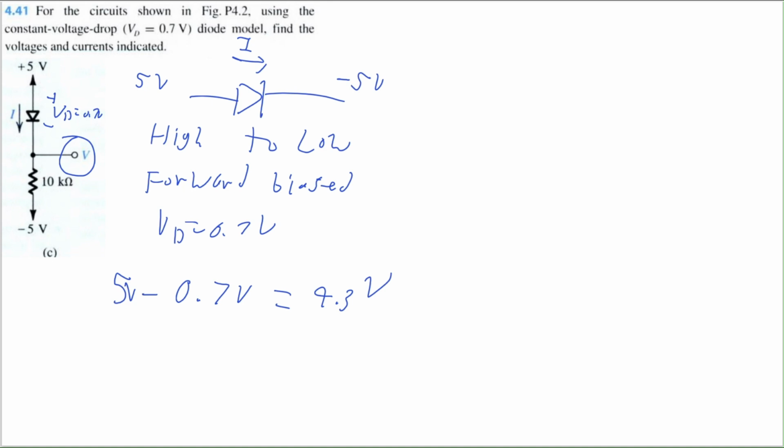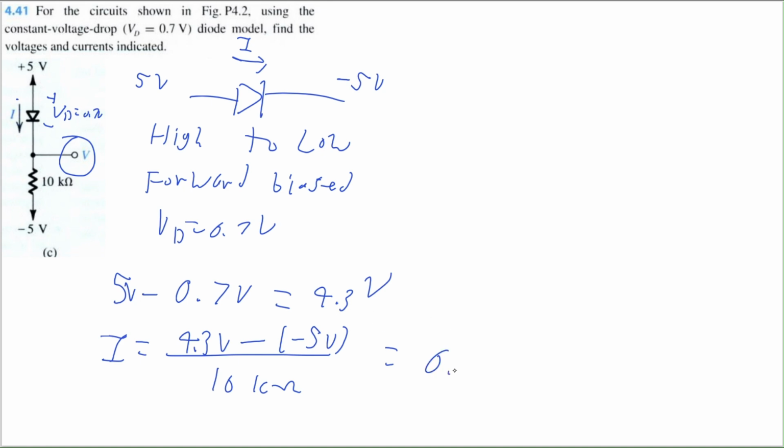Now, what about the current? Well, it's the same idea as part A. We're starting with the current here at the diode, and then dropping down all the way to this -5. So I is equal to 4.3 volts minus -5 volts, divided by 10 kilo ohms.